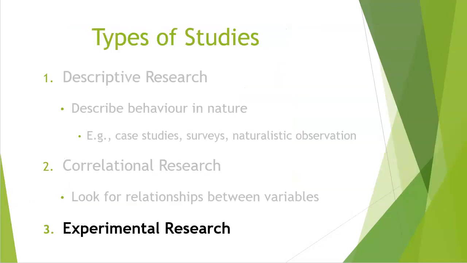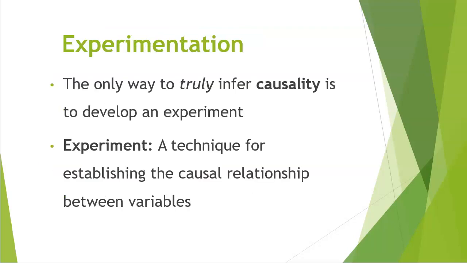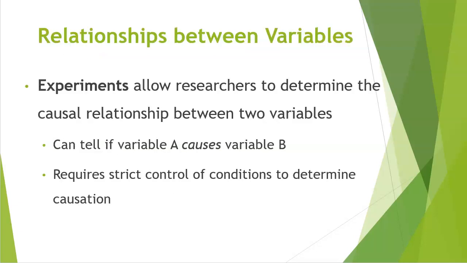Now, let's move on from correlation, and go to the final type of study, experimental research. Experimentation is the only way to truly infer causality. With correlation, we only talk about a relationship, whereas with experiments, we can finally talk about causality. So A causes B. This is really important.